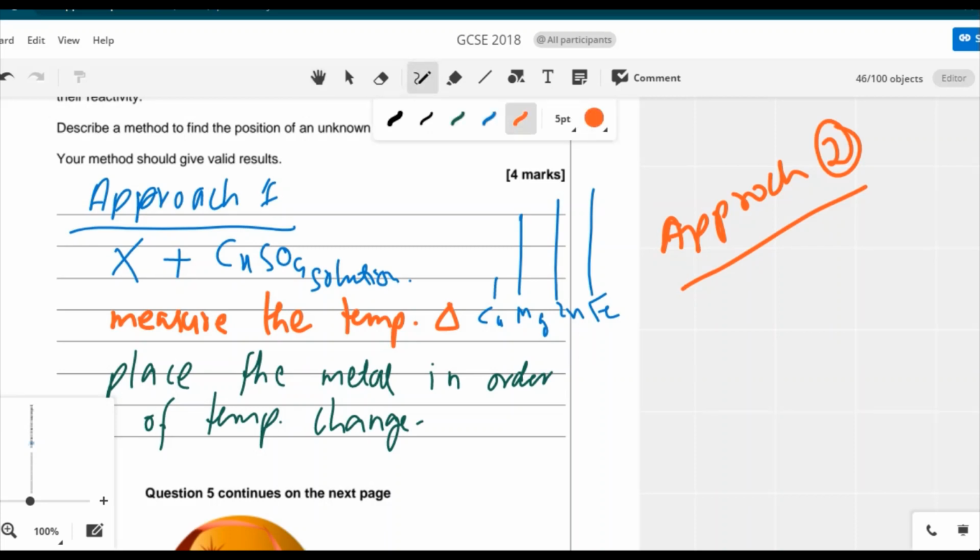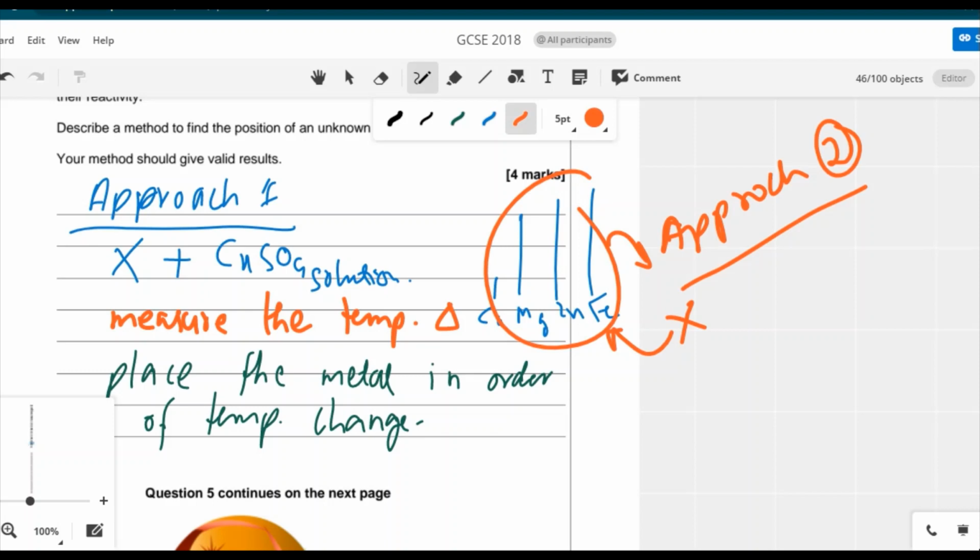The salt solution here is copper sulfate. Here is the unknown metal, to add metal to the salt solution of the other metals, because here is a mixture that contains a salt solution and we need to put that unknown metal in that mixture as well.